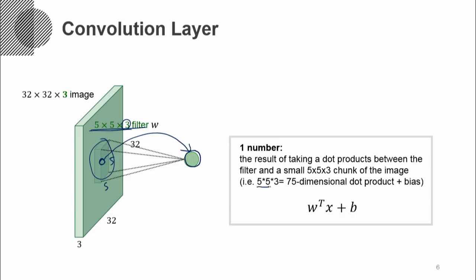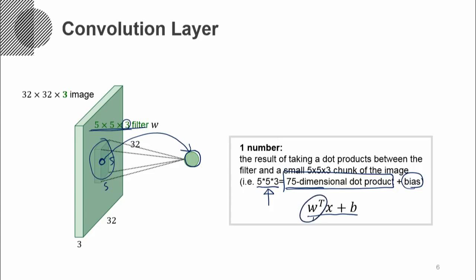We have in total 75 values defined in our filter, and we perform the element-wise multiplication on each of the 75 values. That way we define this dot product on 75-dimensional vectors, and then we can consider the bias term as well, and it can be represented in this form: W transpose X plus B.